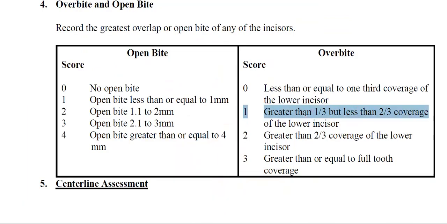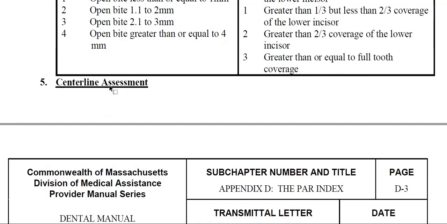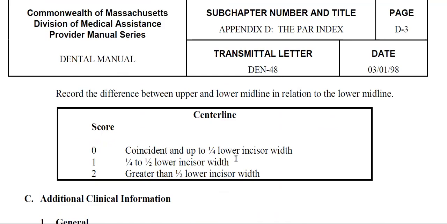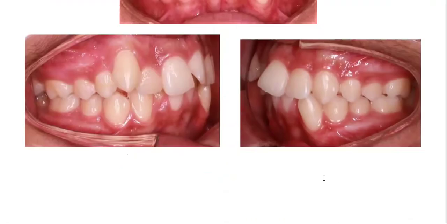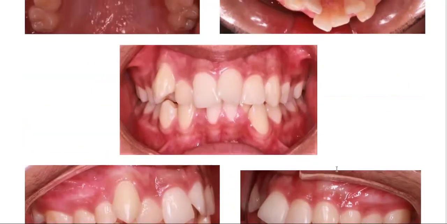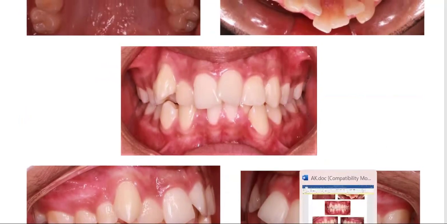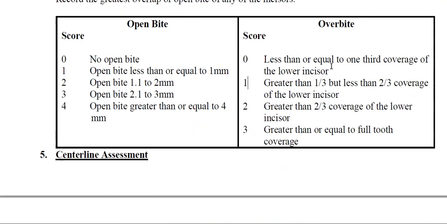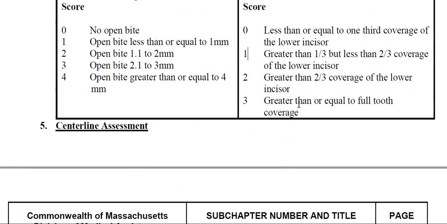So I'll select 1 here. The weighing factor is 2 for the overbite, 1 by 2 is 2. So 18 plus 2 would be 20 here, right? And the center line is 1 or 2 millimeter deviated, so it would have a 0 marking. So it's 20 here as a whole PAR, right?